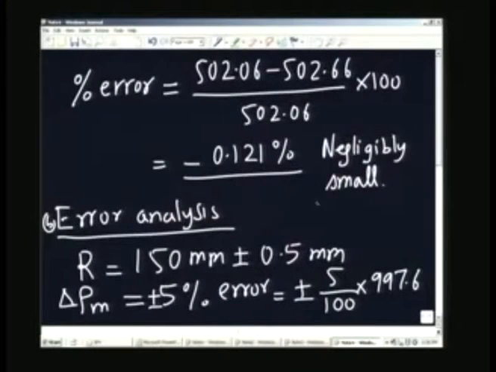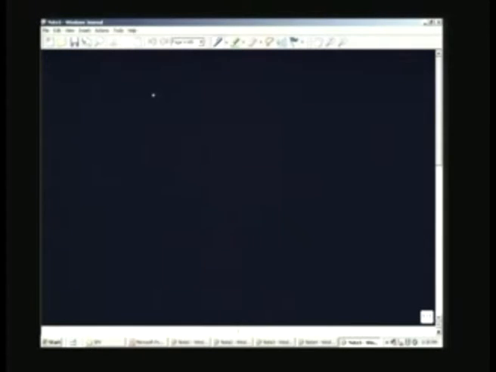So, the point is, we go back to the formula which gives delta p or p minus p a. I am going to make the approximation that the density of air itself is neglected.